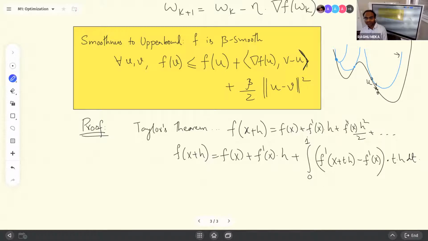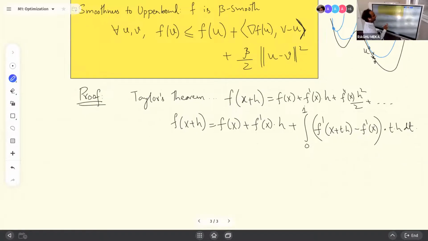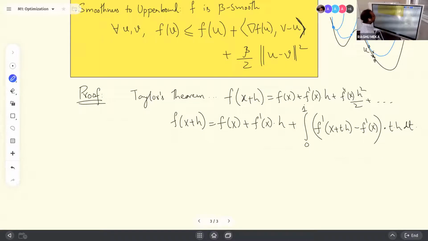Okay, there's a formula like this for the remainder term that shows up in Taylor's series, and there is a higher dimensional version of this, and you just have to apply that. Okay, so if you know calculus, then it's a couple of lines of using this expression, but if you don't know calculus, then I'm not going to be able to prove Taylor's theorem, so let me not belabor this point.